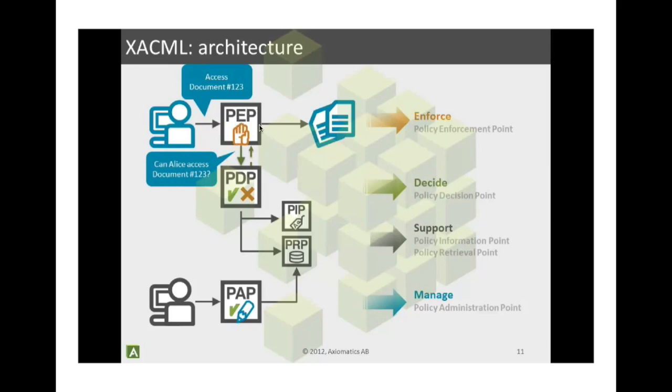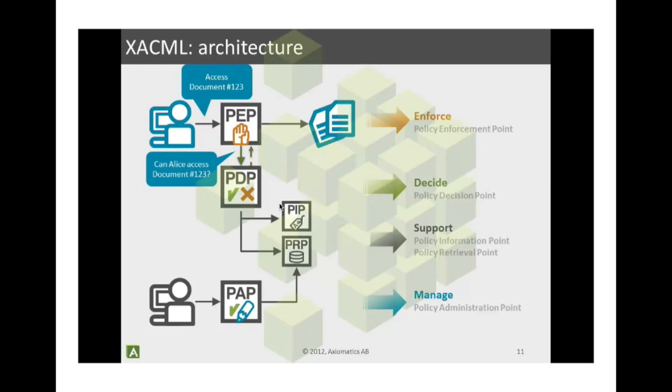This asks the policy decision point whether Alice, this girl, can access this document. And it will look for two things: first, the policy information point, and the policy retrieval point.